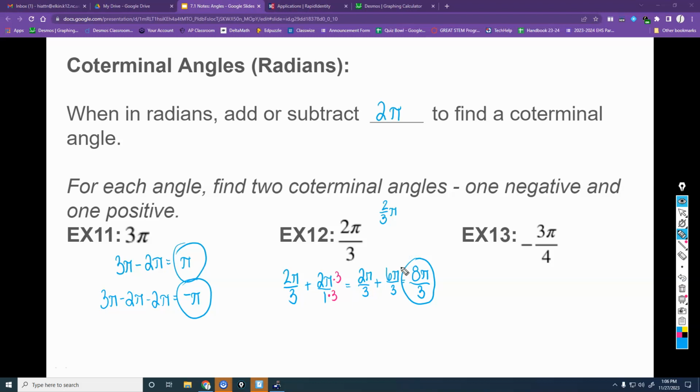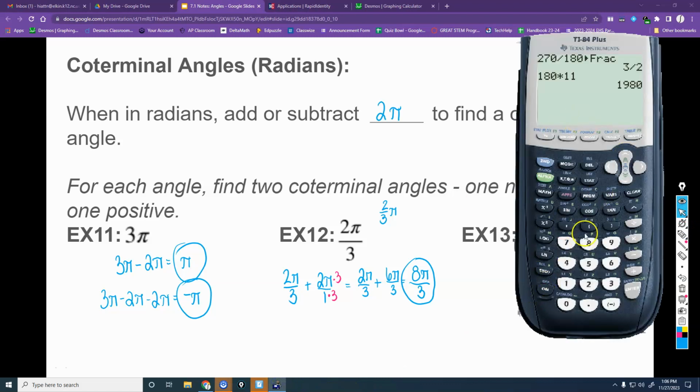You can do it in the calculator, but it is going to give you a decimal, and it won't turn it back. So if you try 2 pi over 3 and then add 2 pi, it is going to give you a decimal.